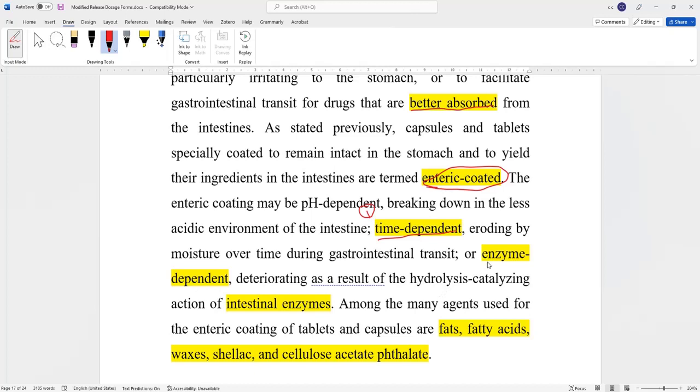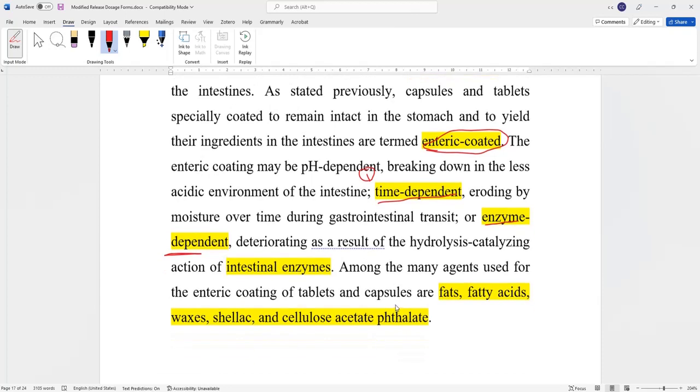Or it might be enzyme dependent. Okay. Enzyme dependent يعني it is hydrolyzed by the catalytic enzymes في الintestine, or maybe it's pH dependent.